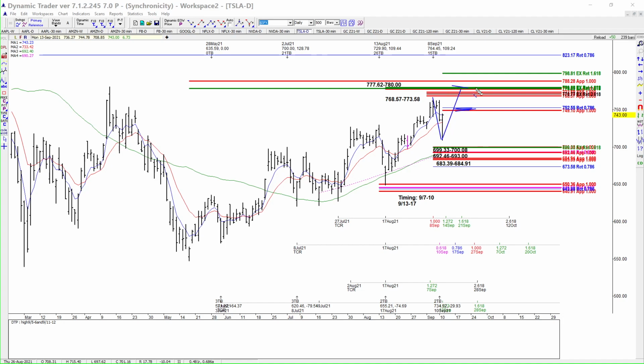And I believe that comes into this zone here. It just overlaps all these other areas. So that is only possible, though, if we can push through the 786 that overlaps the 100% projection. Otherwise, we do have lower support decisions to consider if we do test them.